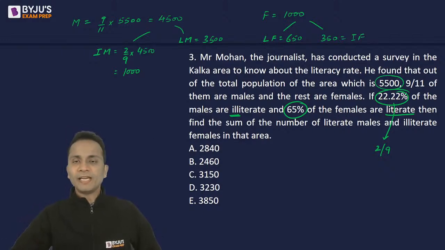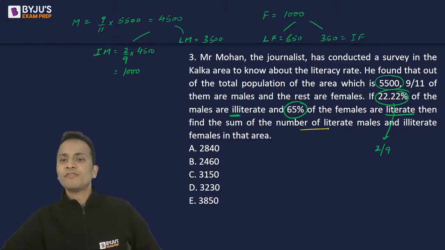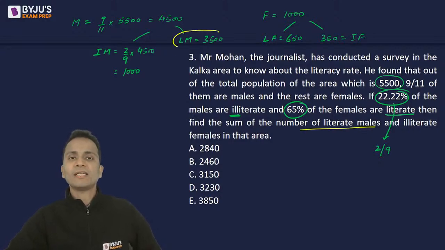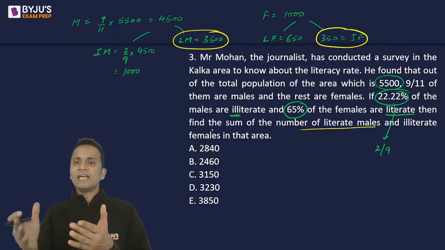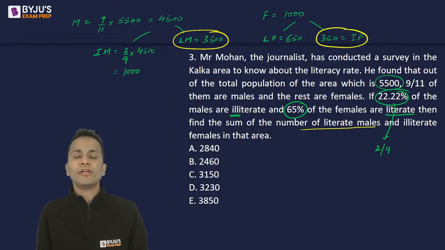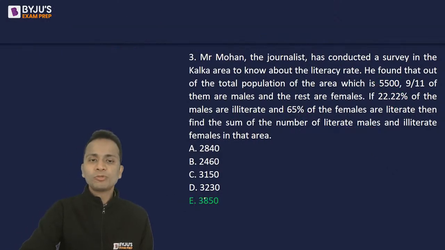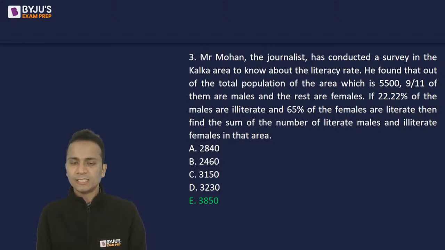Now we'll have to find out the sum of the number of literate males, that is 3,500, and the number of illiterate females, that is 350. Just add these two numbers and you will get your answer. 3,500 plus 350 is 3,850. So 3,850, option E, is the correct answer of question number 3.